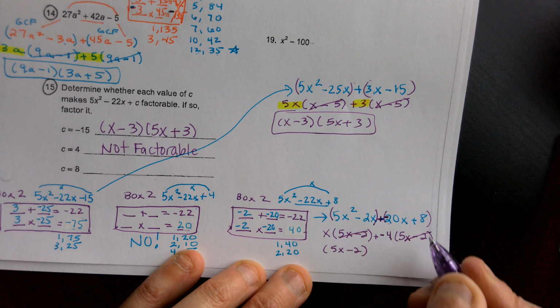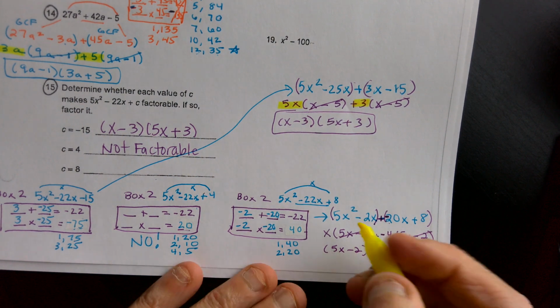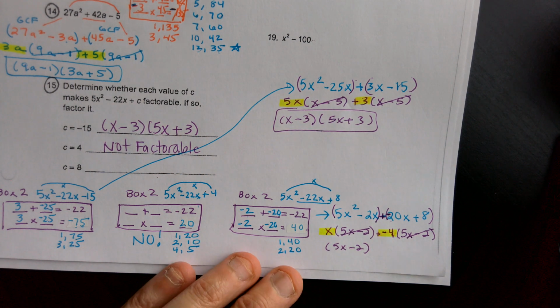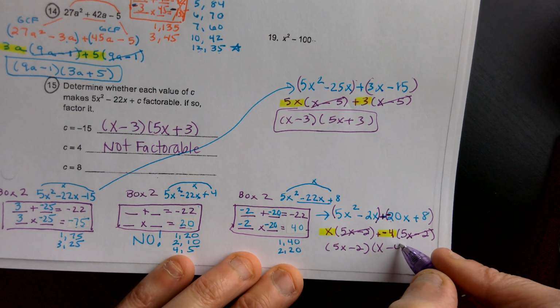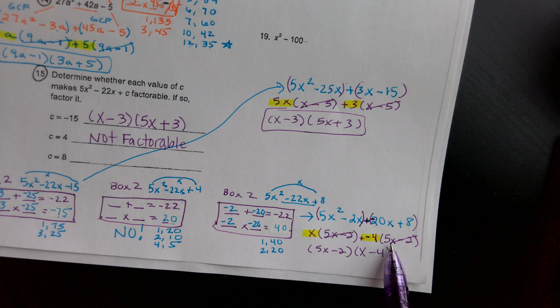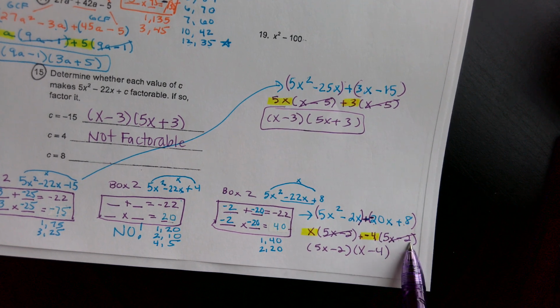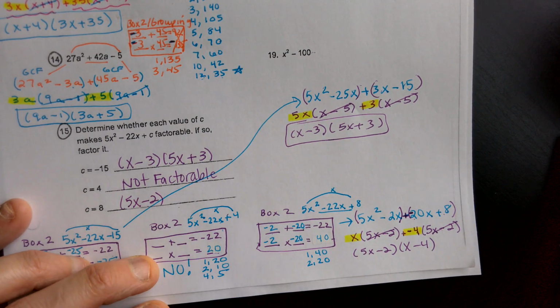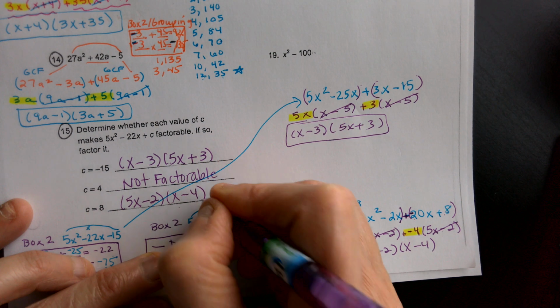When I divide it out, I get 1. And what I'm left with is x plus a negative 4, or x minus 4. Be careful right here too, because when you took a negative 4 out of here, that's how I was left with the negative 2. So go back over here, 5x minus 2 and x minus 4.